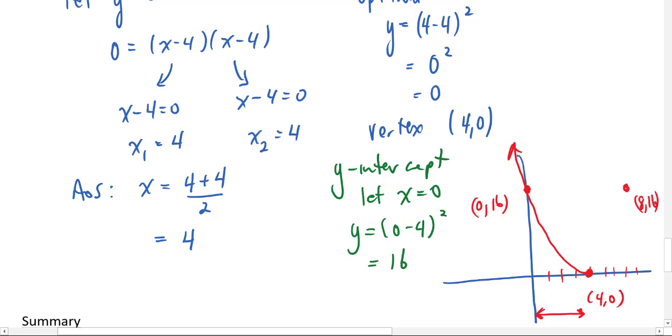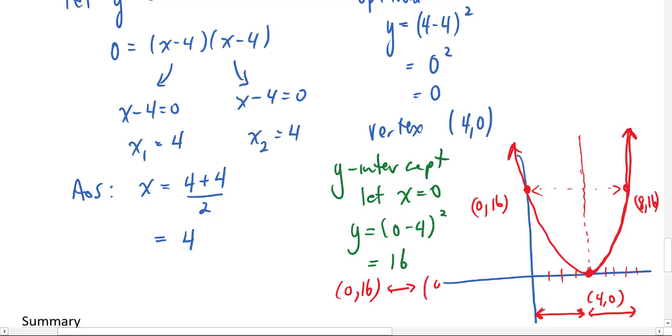Because remember, we have this axis of symmetry, which makes a mirror image. So 8 is 4 units away from the vertex to the right, where 0 is to the left, so it's got to have a matching point because of the parabola. So the other point that matches to it is 8 and 16. And all I did was count. 4 units this way, 4 units that way.